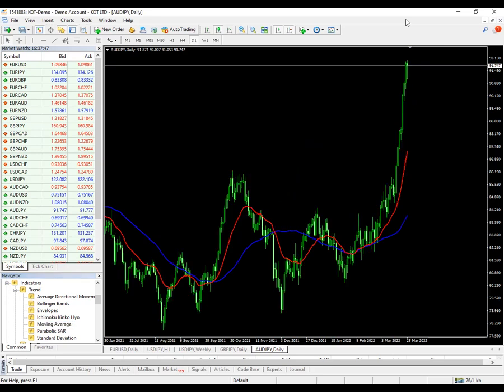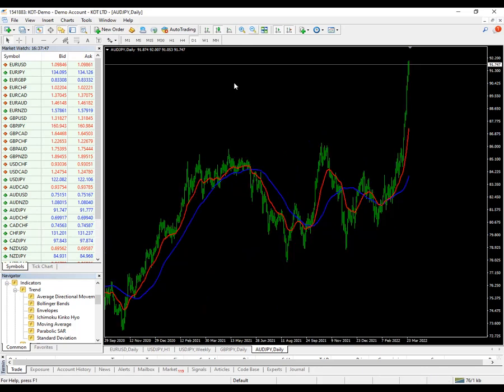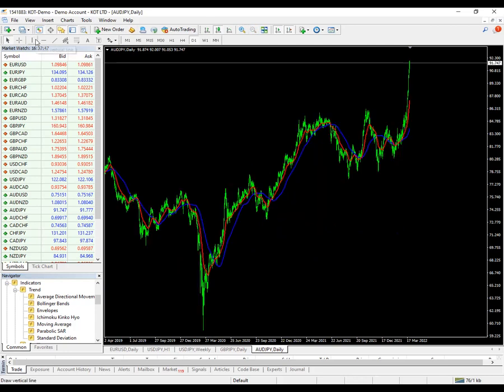Now let me zoom so that you can see it well. This is AUD/JPY on the daily time frame. If you look at this trade, you would see that it has been in a bit of consolidation for some time.